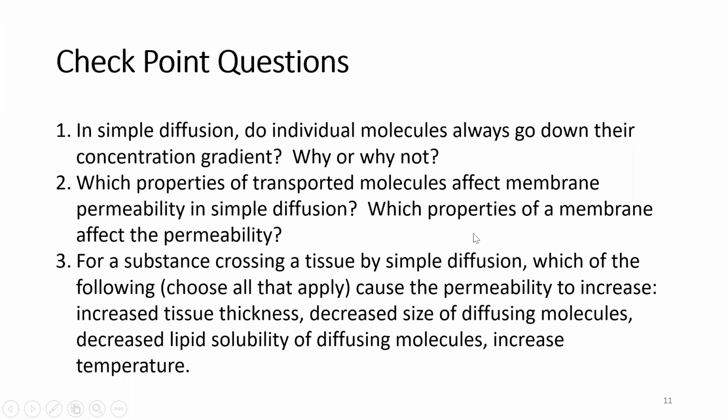Which properties of a membrane affect the permeability? So this is about the membrane and not the particle. The properties of the membrane are going to be thin. So we said that a membrane that is thinner, obviously less stuff to get through, is going to have an increased permeability. The membrane should also be large enough, so there needs to be a large enough surface area exposed to increase the permeability.